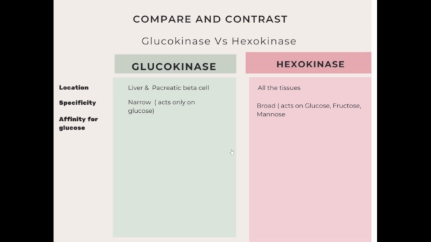The third difference is affinity for the glucose. As we know, glucokinase has a low affinity for the glucose, while hexokinase has a high affinity for the glucose. So what is the advantage of this? Because glucokinase has a low affinity for the glucose, it will only act when a sufficient amount of glucose is present.